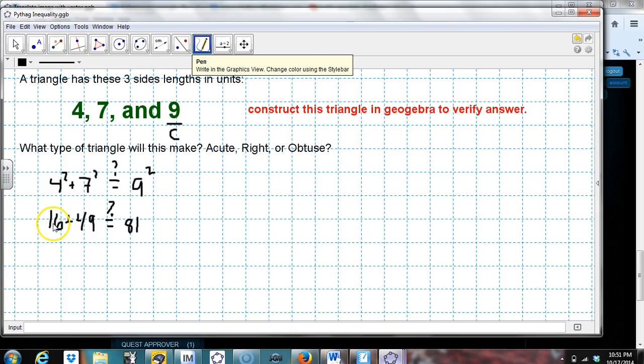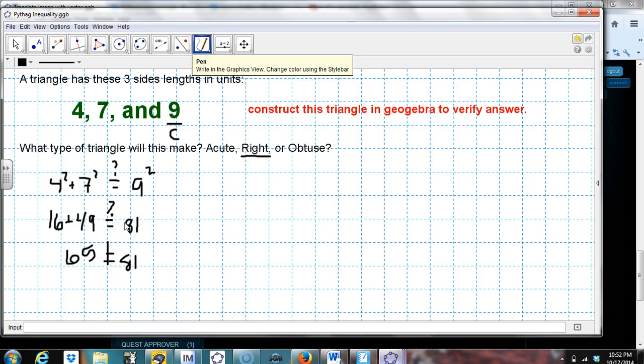We could do 16 plus 40 is 56, and then 56 plus 9, I believe, is 65. Right, so that definitely doesn't equal each other, right? So we know now that this isn't going to be a right triangle because our a squared plus b squared didn't actually equal c squared.